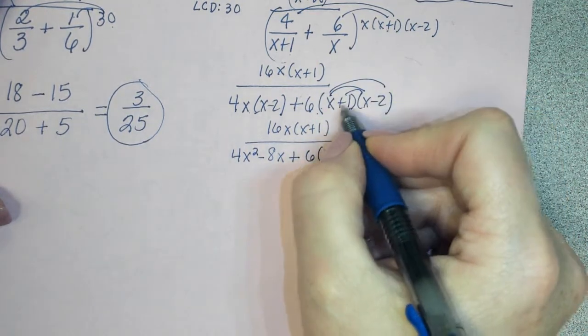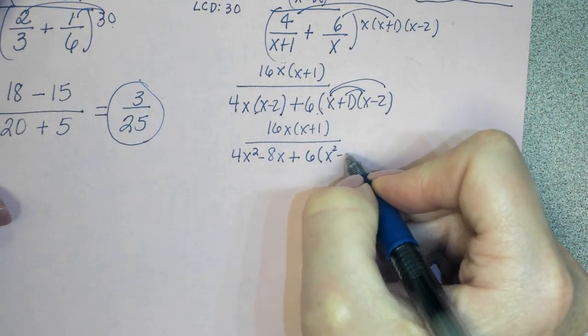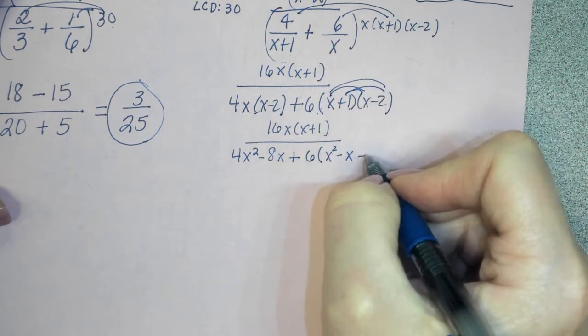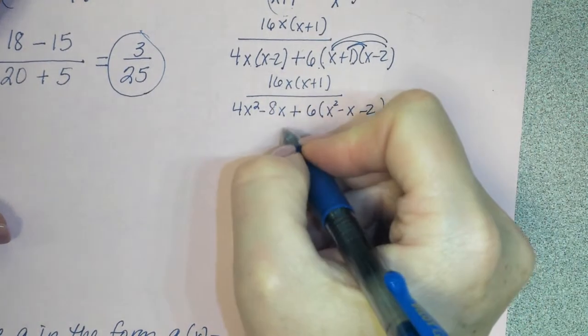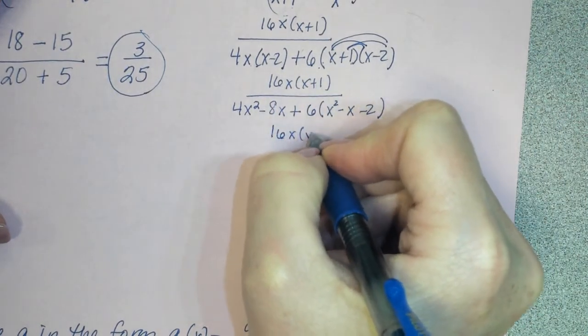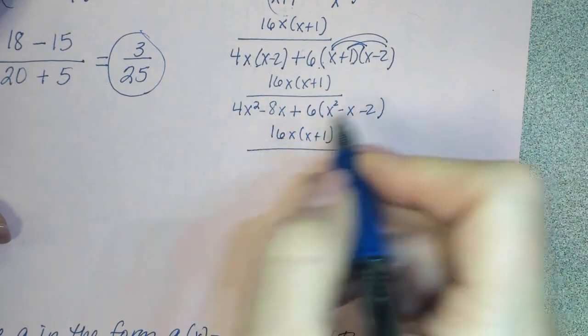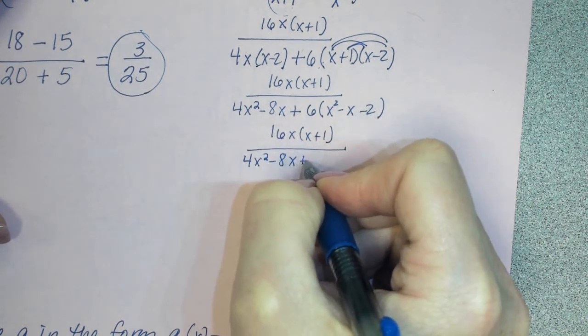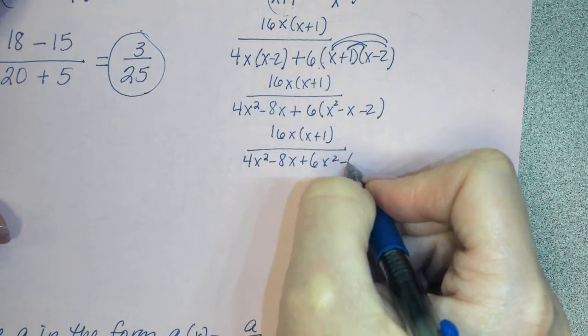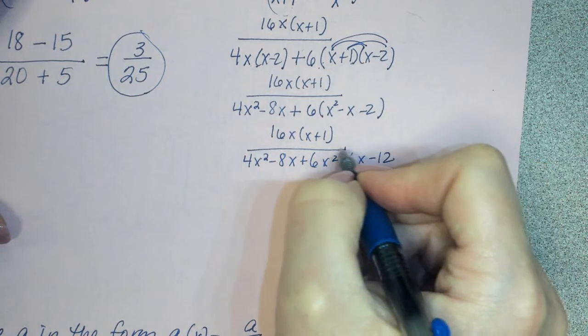I'm going to have negative 2x plus 1x. That's minus x. And then minus 2. So now the numerator still stays the same. The denominator, though, I'm going to have 4x squared minus 8x plus 6x squared minus 6x minus 12.